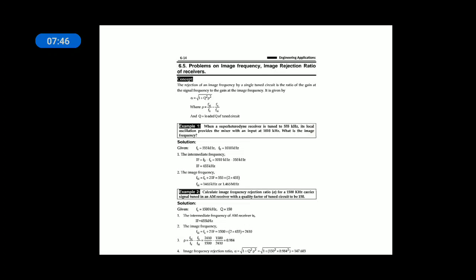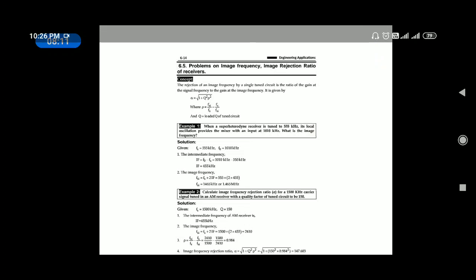So these are the formulae you should remember. A single tuned circuit is used to limit the image frequency into the IF amplifier, that means it stops the image frequencies. For every tuned circuit there is a quality factor Q.